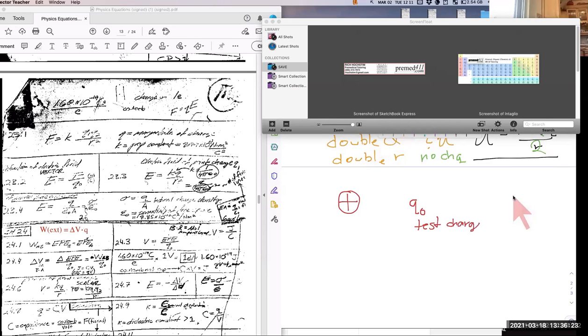The thing about a test charge is it's going to be small and it's going to be positive. Those are the rules for a test charge. Now, it turns out that there's an equation that says force is going to be equal to E times Q.